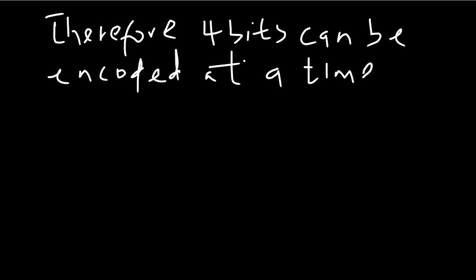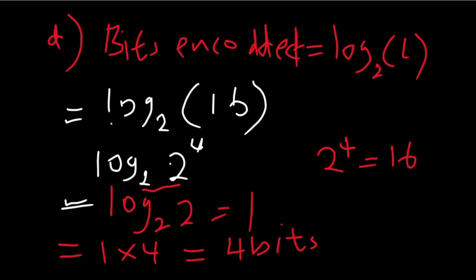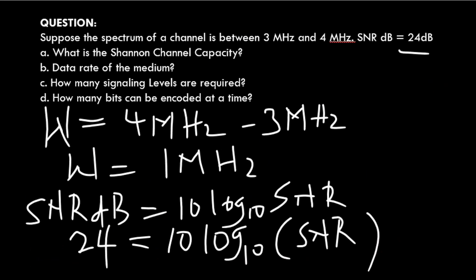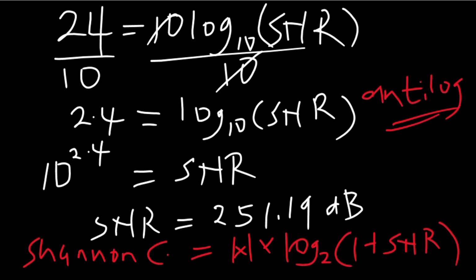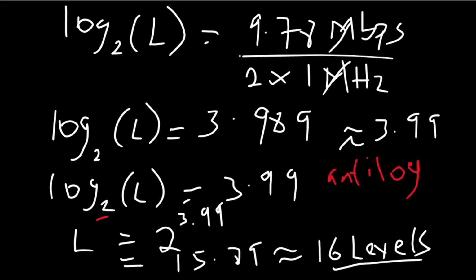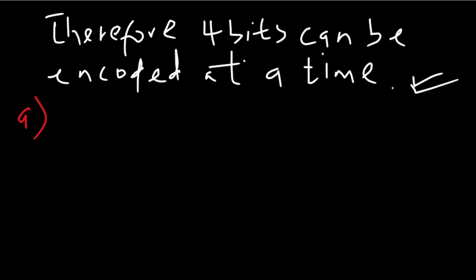So let's write a summary of what we had. For the A, we were supposed to find the Shannon channel capacity, and the answer we had was 7.98 megabits per second. So this means that 7.98 megabits are transmitted every second.